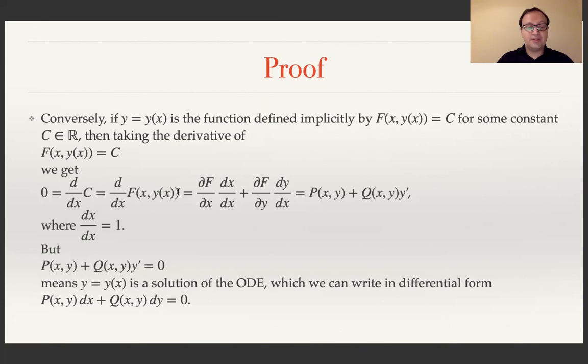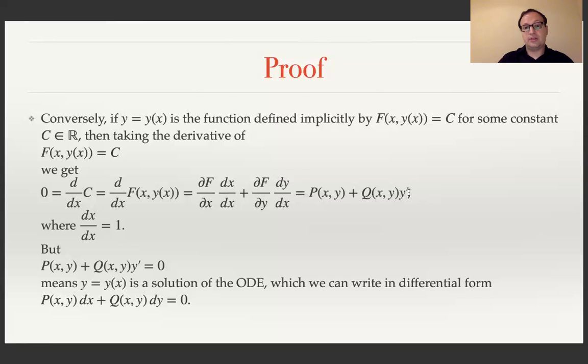Again, we compute this derivative by the chain rule. So it's partial f over partial x times dx over dx plus partial f over partial y times dy over dx. And then this is equal to, partial f over partial x is p, partial f over partial y is q, and then dx over dx is 1, and dy over dx is the derivative of y with respect to x.